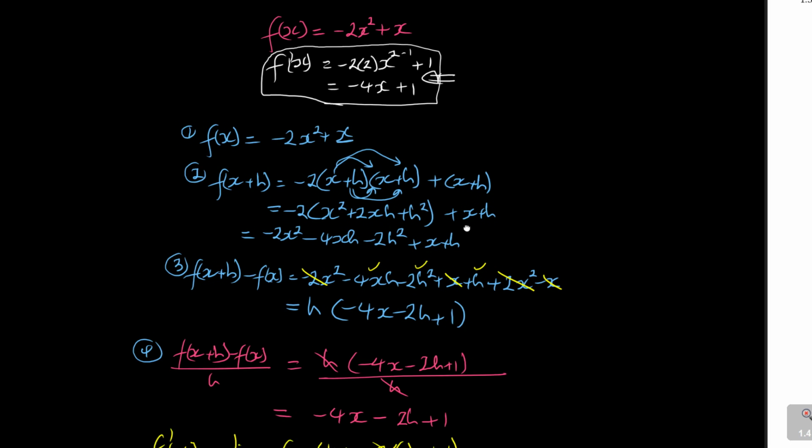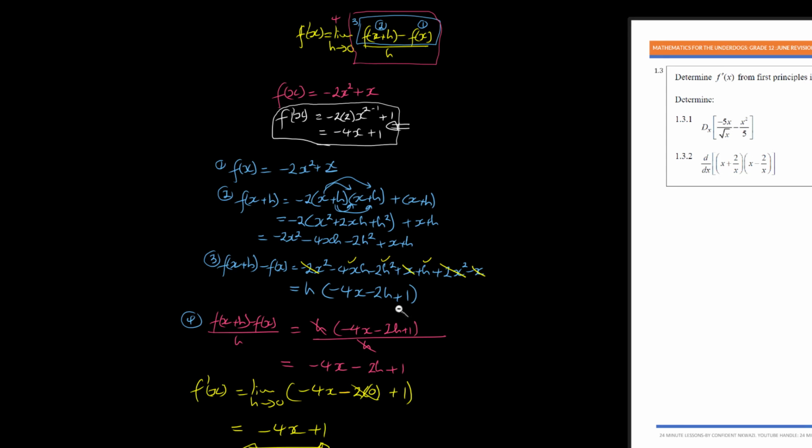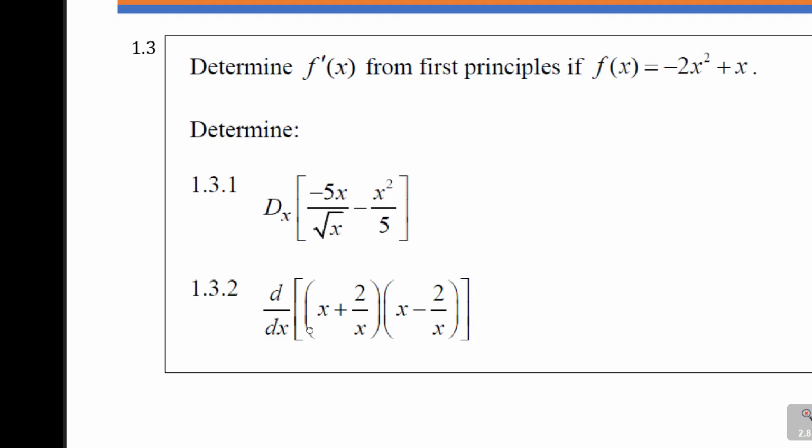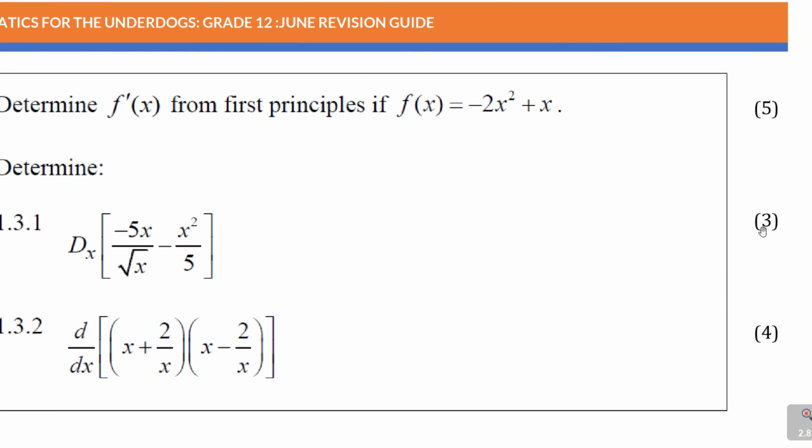Alright, so I'm doing this because I want to erase all of this out. So let's look at this. If I can take this off, look at this one. Now we're looking at, that was 5 marks, 3 marks.